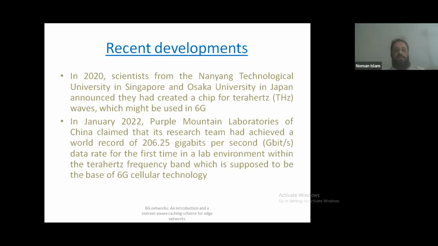So, what are the recent developments regarding 6G? People have started working, although it is a new concept, it is under the conception phase. For example, in 2020, Nanyang Technological University, Singapore, and Osaka University in Japan experimented and created a chip for terahertz waves.